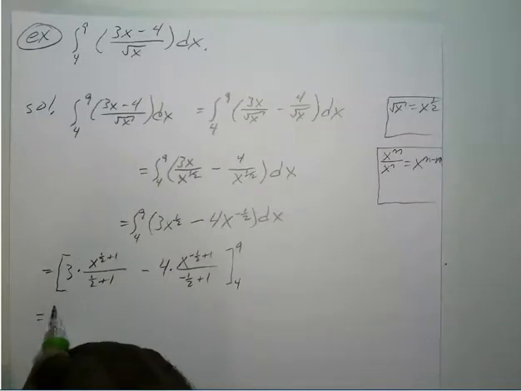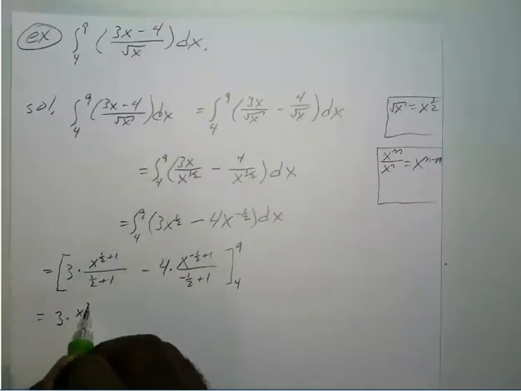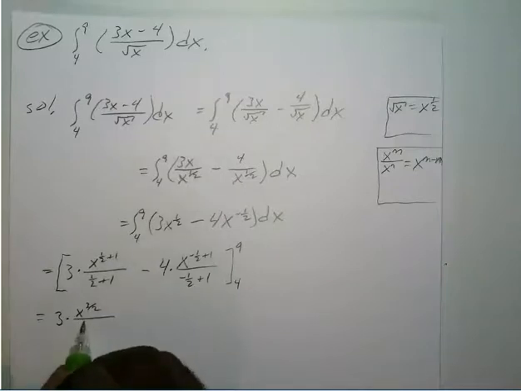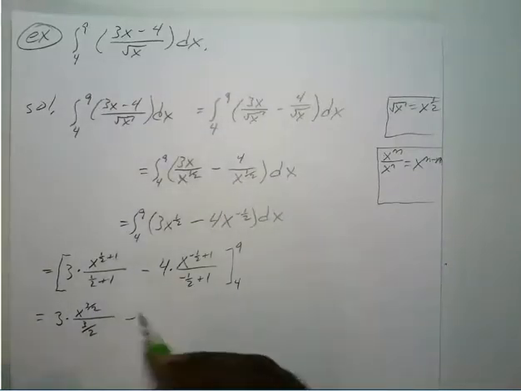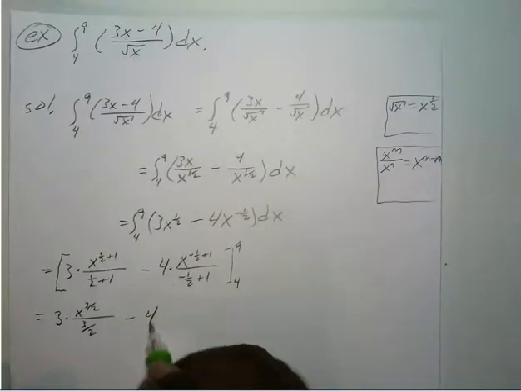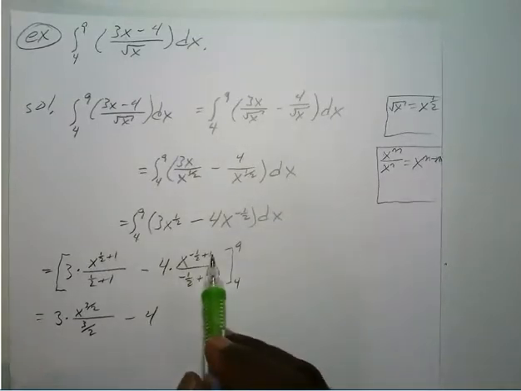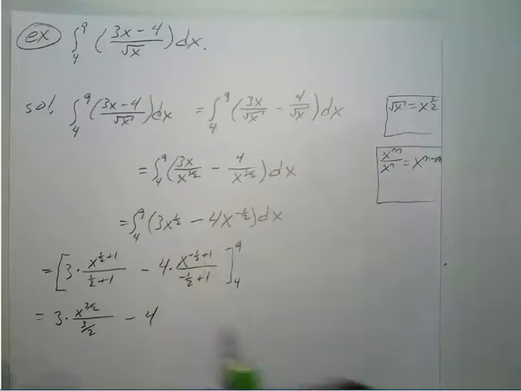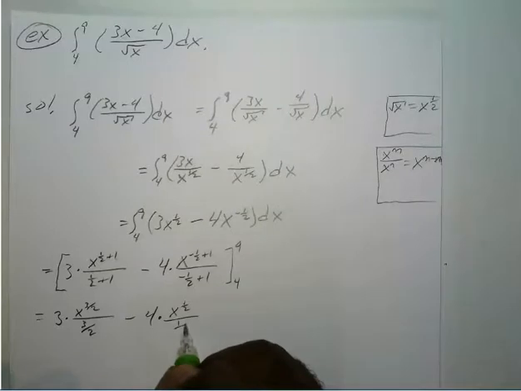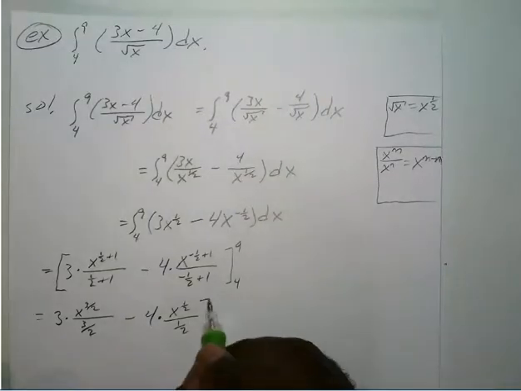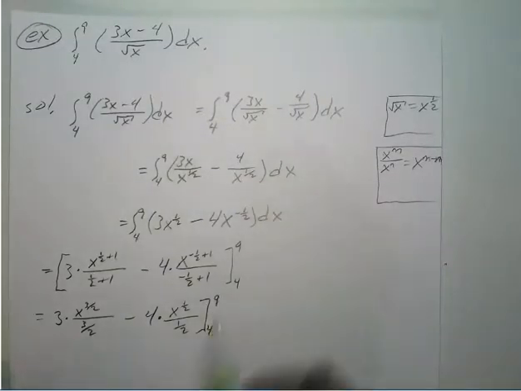So you have 3 times x to the 3/2 power over 3/2 minus 4 times x to the negative 1/2 plus 1 is just positive 1/2. So you have 4 times x to the 1/2 power over 1/2. And again, that's from 4 to 9.